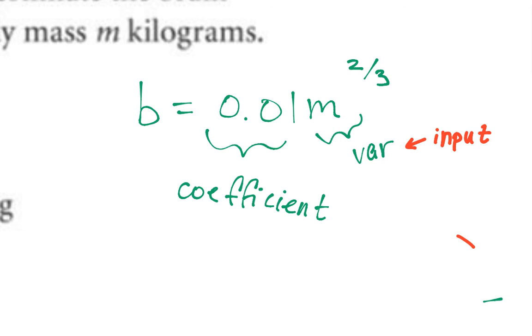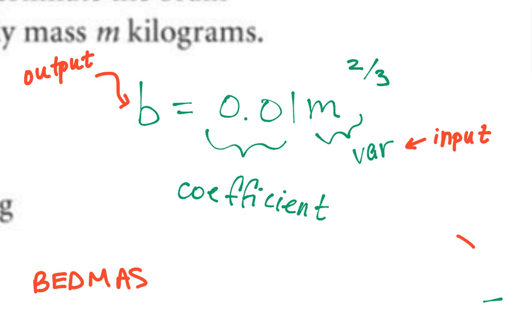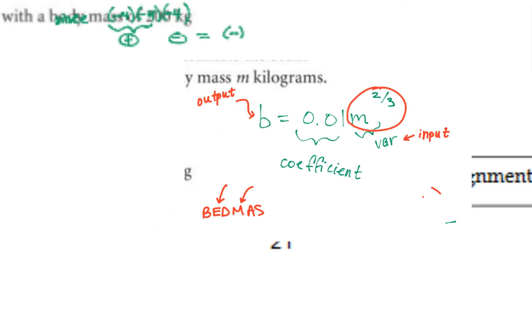So you input an m value and you will output the b value. And as long as you understand order of operations, then you're okay in this case. You have to take care of your exponents before you multiply. So do this exponent first and then multiply by 0.01. If you have a nice calculator though, you can type this in and it will work perfectly.